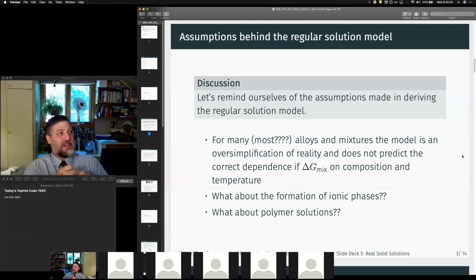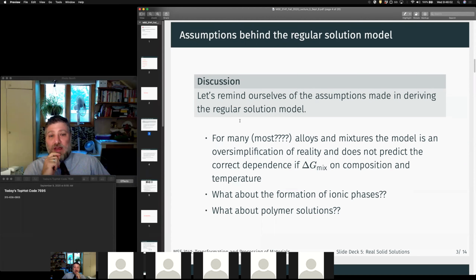Obviously, with large macromolecules, the energy of mixing is going to be quite different than for simple metals or molecules that have roughly the same radii.